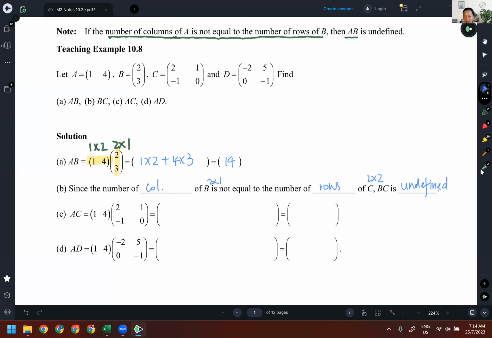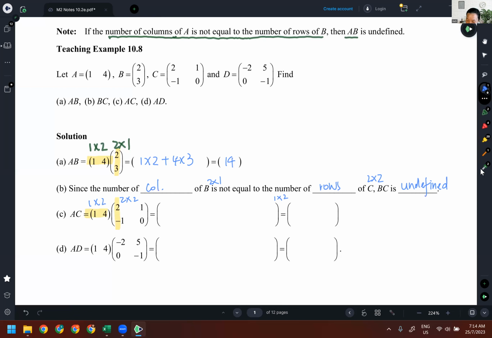Example C, A times C. Now, A times C, the sizes are 1 times 2, and this one is 2 times 2. In that case, I should expect the answer to be a 1 times 2 matrix. Okay, now how to obtain this 1 times 2? I'm going to use the first row and the first column to obtain the first value.